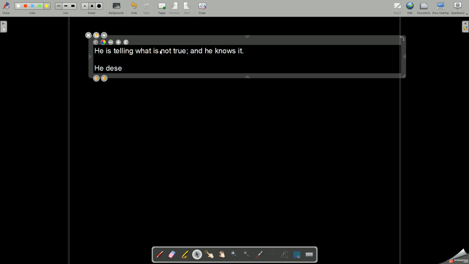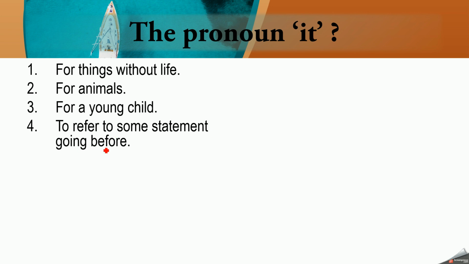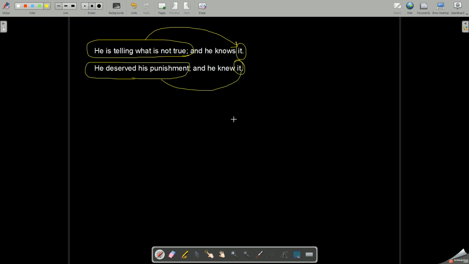He deserved his punishment and he knew it. So over here you can see he is telling what is not true and he knows it. So you can see, to refer to some statement going before. So this is the statement which is going before, and this it is referring to this statement. Similarly here also you can see this is the statement and it is referring to this statement over here.